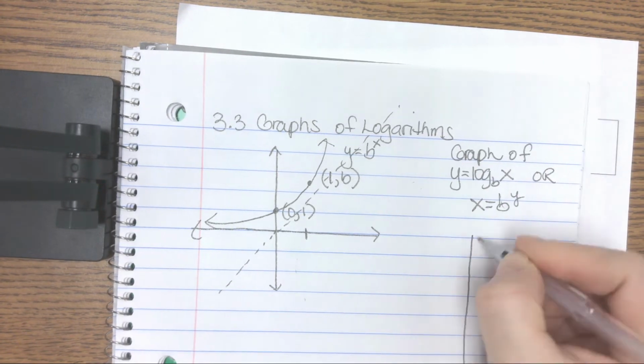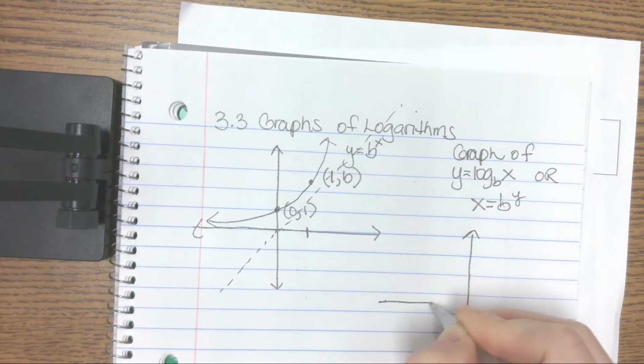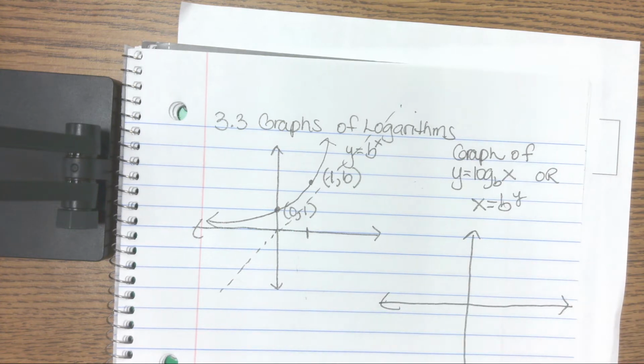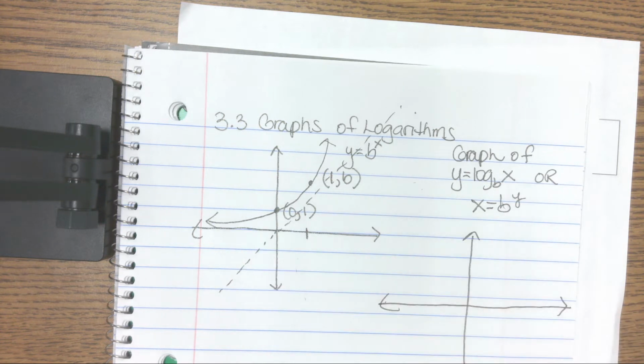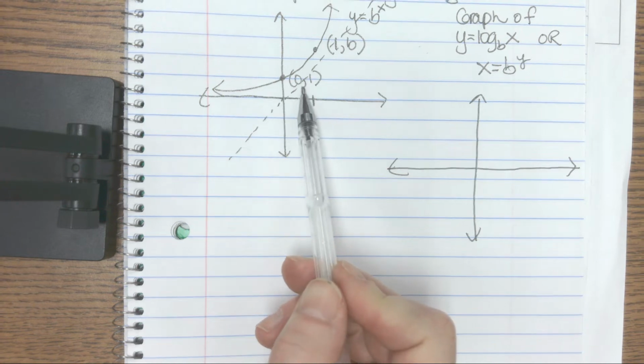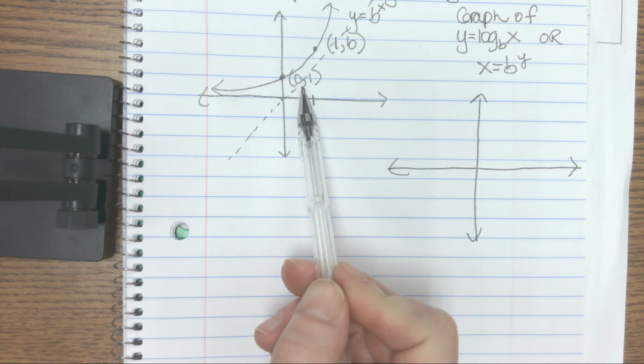Okay. Can somebody tell me, if I reversed my x and y's around, what would be one point on my new graph? So if 0, 1 was on the exponential function, what point would be on the inverse?